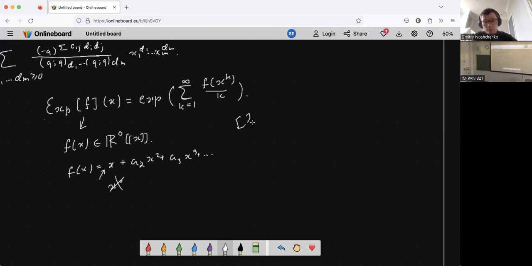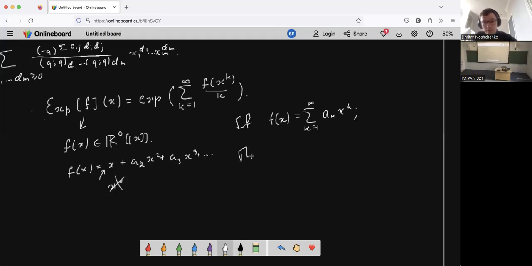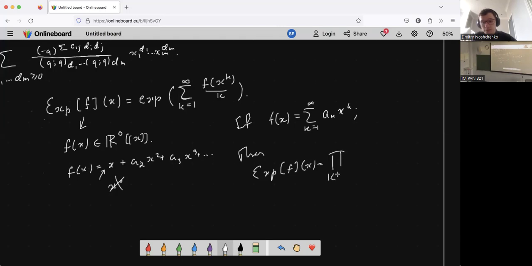Now if f of x is the sum over k from 1 to infinity of a_k x^k, as there was in this example, then the plethystic exponential acts in a nice way. What it does is transform the sum into a product. So here the result is essentially a product from k equals 1 to infinity of (1 minus x^k) to the power minus a_k.